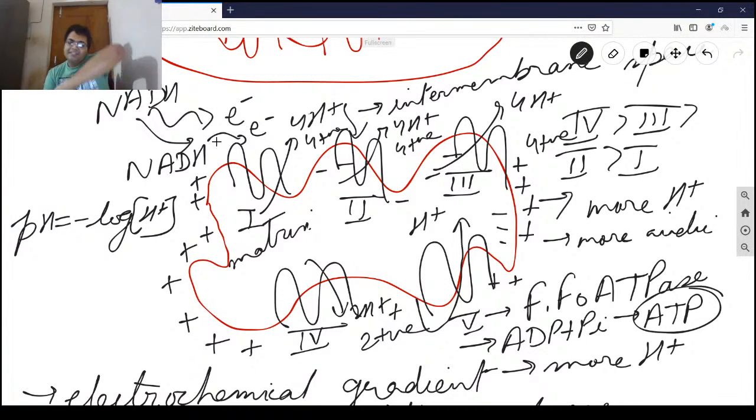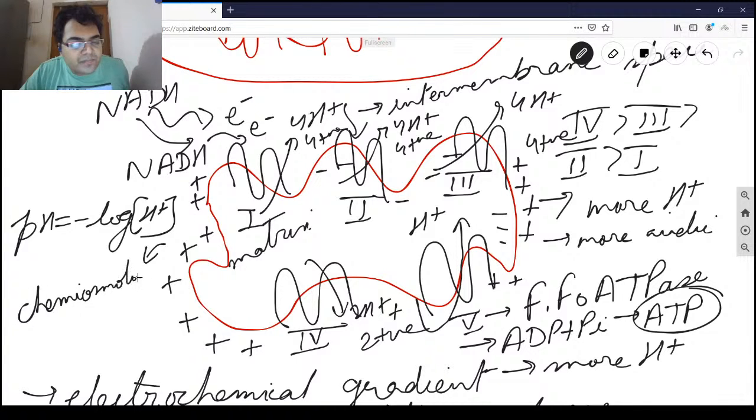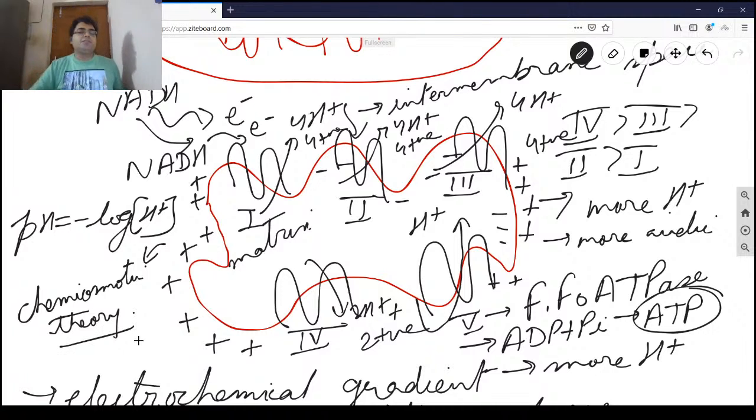When the H plus returns into the matrix, it generates ATP by causing phosphorylation of ADP. This electrochemical gradient theory is known as the chemiosmotic theory. The theory that I have explained to you is the chemiosmotic theory. It is a very important theory from your examination perspective.